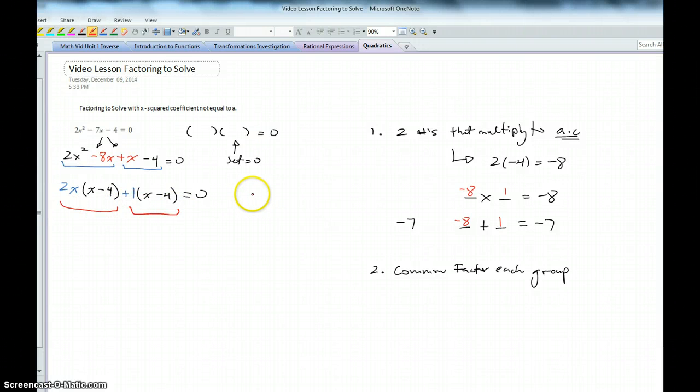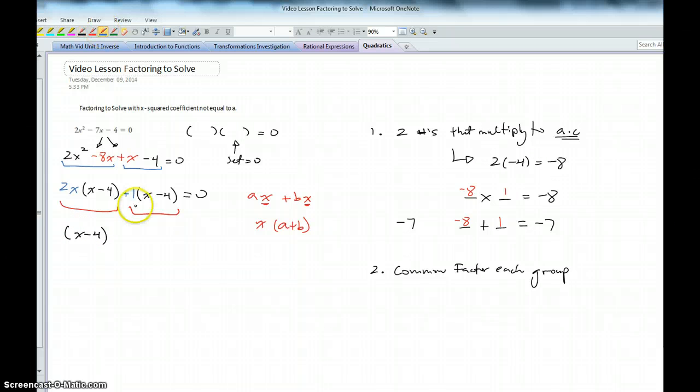It's the same as if we were to factor ax plus bx. What would I factor out? I'd factor out the x, because it's common in both, and then I'd be left with a plus b. Well, in this case, the x minus 4 is that x. So let's go ahead and factor that out. I factor out an x minus 4 from both terms.